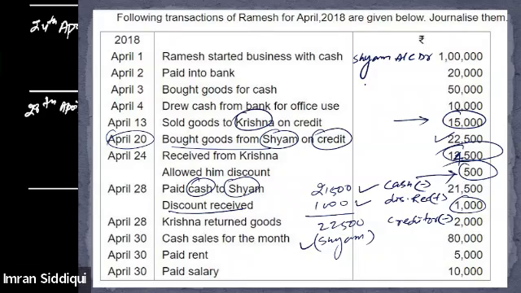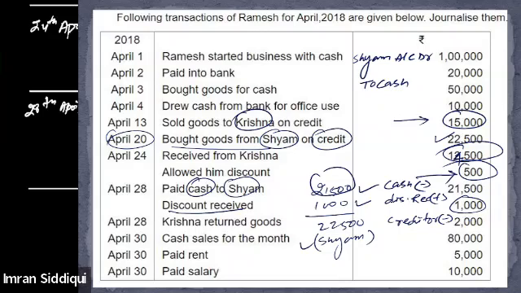And since cash is also reducing, we will have to pay cash to Shyam of rupees 21,500. So we will credit the cash account as well. By what rule? By the rule of the asset. The rule of asset says whenever an asset reduces, you need to credit the asset account.